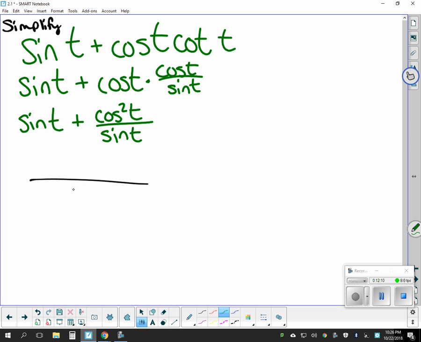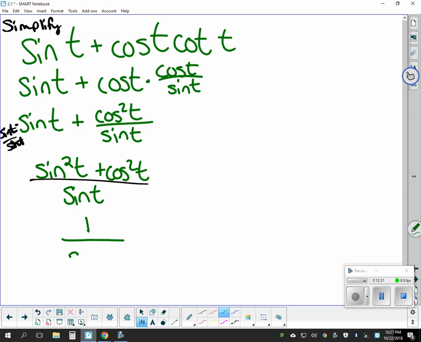So we would need a common denominator, which is clearly sine of t. So multiply this one by sine of t over sine of t. And we get sine squared of t. Cosine squared is already good. It already had that denominator. Well, sine squared plus cosine squared we know is a 1. 1 over the sine of t is the same thing as cosecant of t.